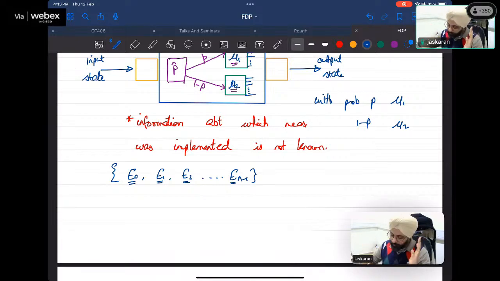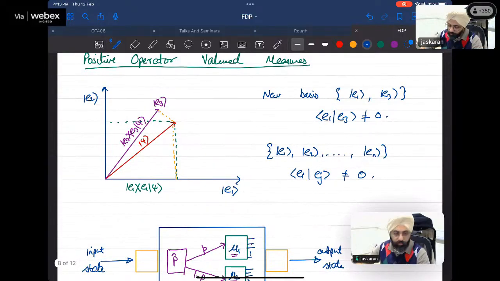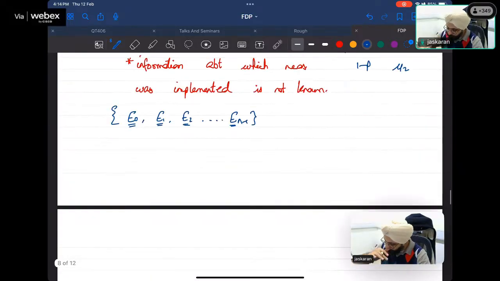Remember, in our non-orthogonal way of implementing the measurement, there was a vector corresponding to E3 which was not orthogonal to E1. So there will be some observable or operator corresponding to this basis element that will give us the corresponding outcome probabilities. We have not yet fully described what this operator or observable would look like. So corresponding to each of the outcomes, we have an operator E0, E1, E2 up to En minus 1.